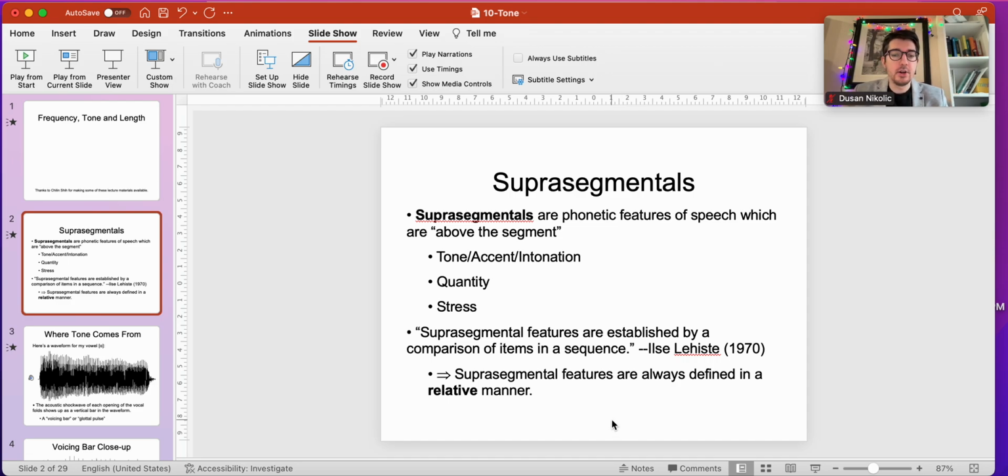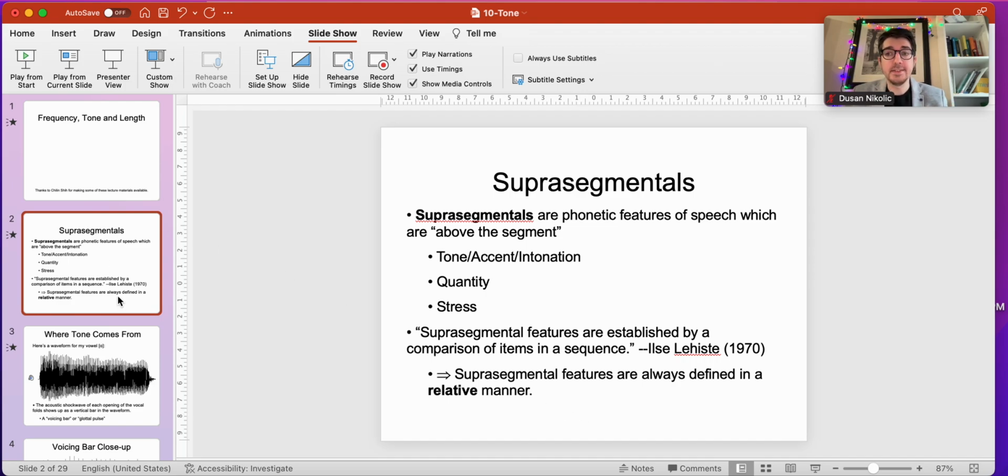Try to remember at all points that suprasegmentals relate to objective reality, to something that we all acoustically describe as fundamental frequency, but they are relatively perceived, so they are perceived in a different way, right?